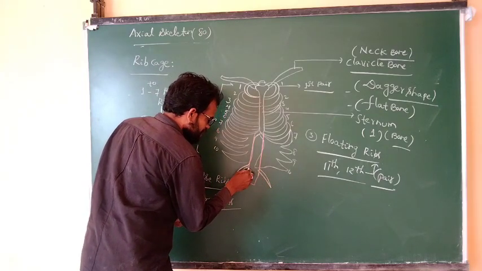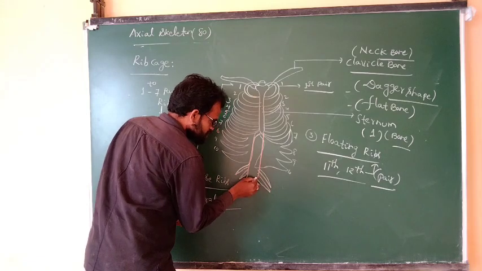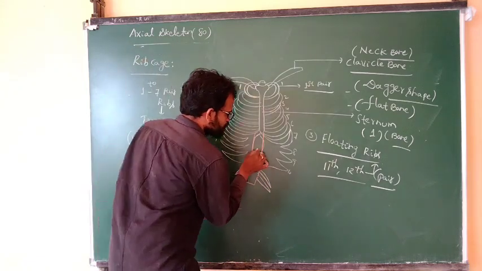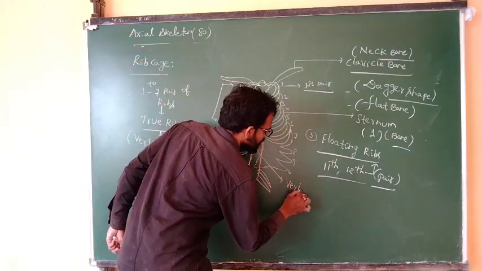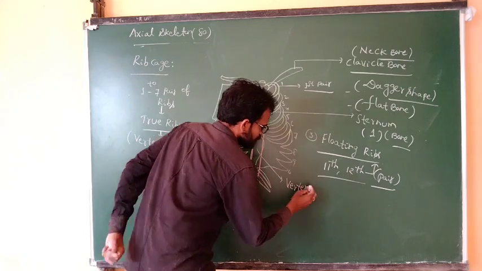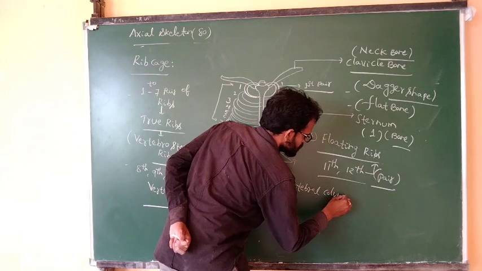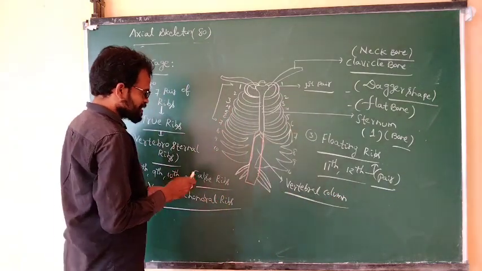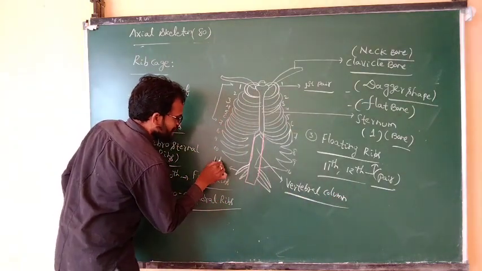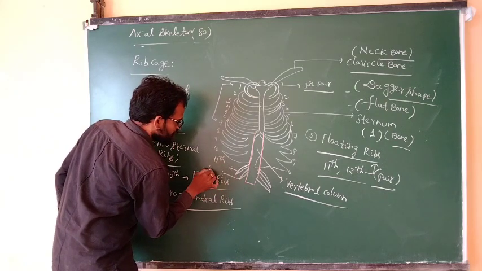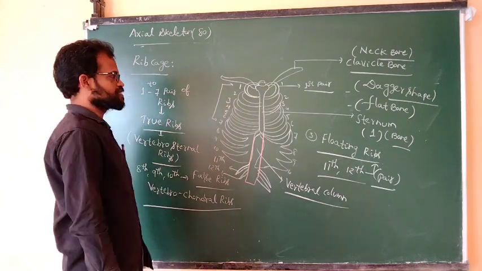They are attached to the vertebral column. 11th and 12th pair of the ribs.